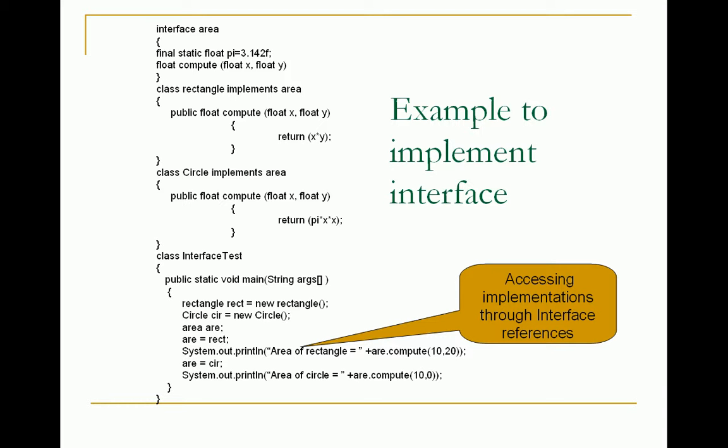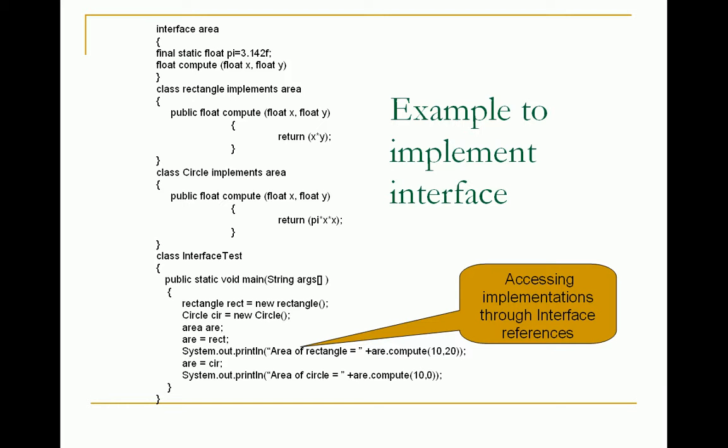Then we have assigned the object of the rectangle class to the reference of the interface. Through this, the compute function, which has been declared in the interface and implemented in the rectangle class, is called. Finally, the result is printed using system.out.println, and the print statement given is area of rectangle.